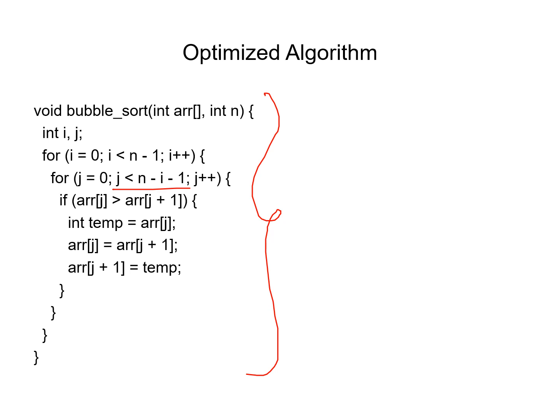Now I want to make it optimized again. Suppose I'm running this over multiple passes, but no swapping is done in each and every pass. For multiple passes, there is no swapping. If there is no swapping, that means my array is already in sorted order. So why am I performing this step?